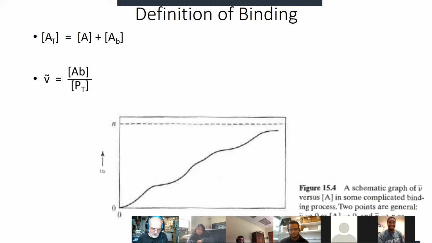Now, at that point, he then begins to describe, and I think that section is called definition of binding. And he begins to describe this in a slightly different way. And this is the classic way that this was introduced. I've written this as a V sort of Tyndall. Don't confuse this with V bar, the partial specific volume. In the literature, the symbol is often a symbol that I would call nu.